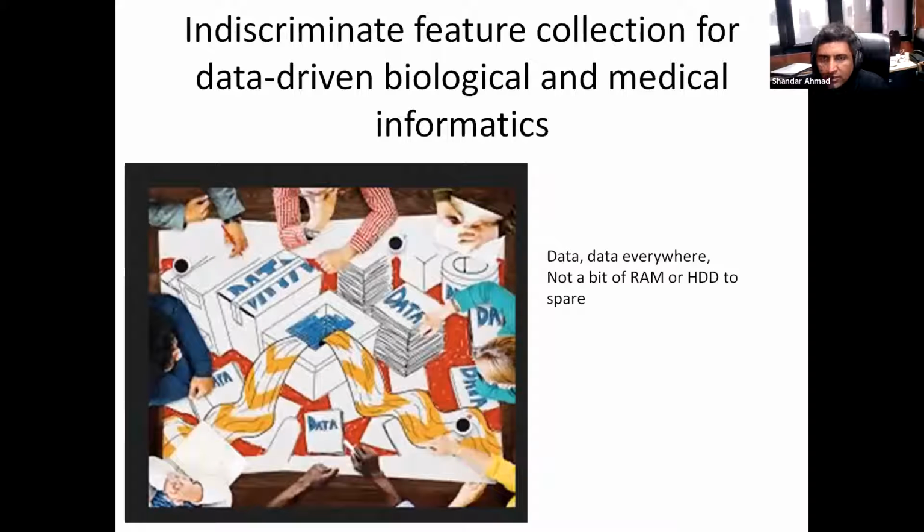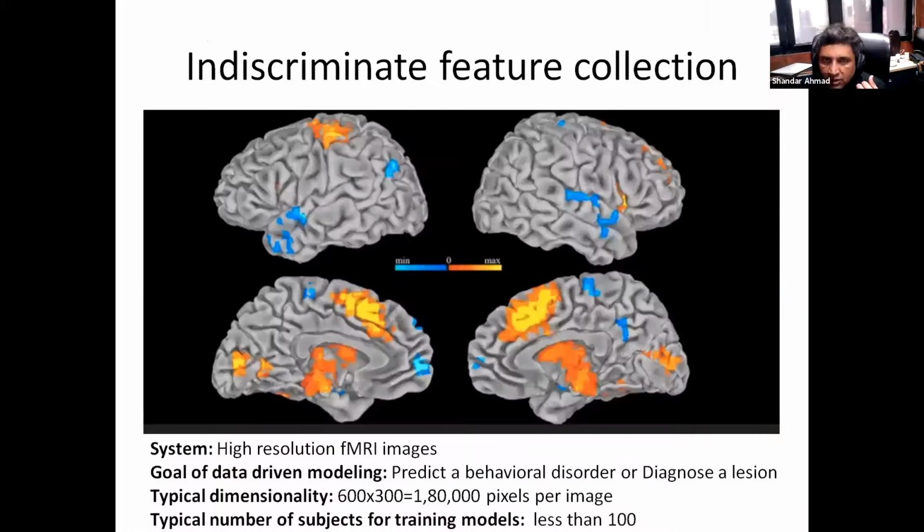Then, just a few words about deep learning models. The models that I showed you so far, most of them were classical machine learning models. For deep learning, I have a few words more to say, just to put it in background: we have so much data everywhere, and yet I will give you the example of dimensionality.